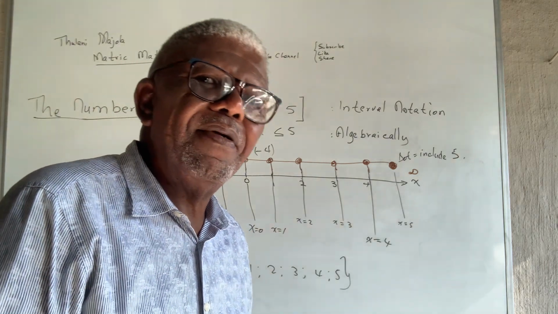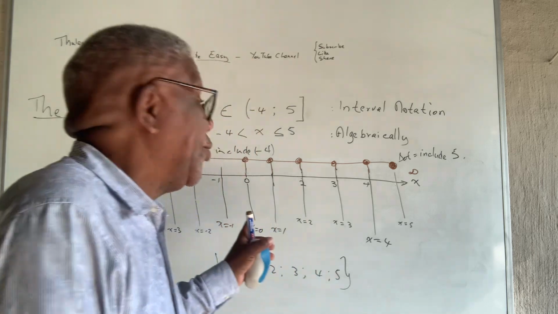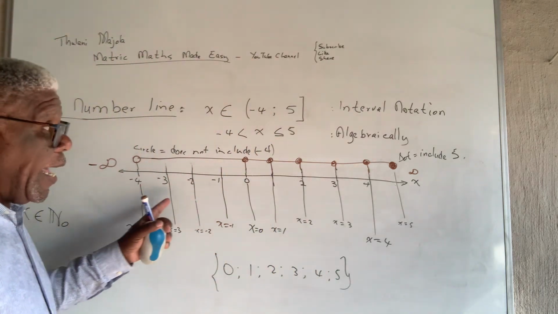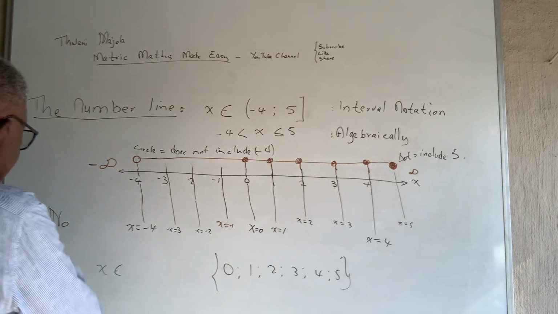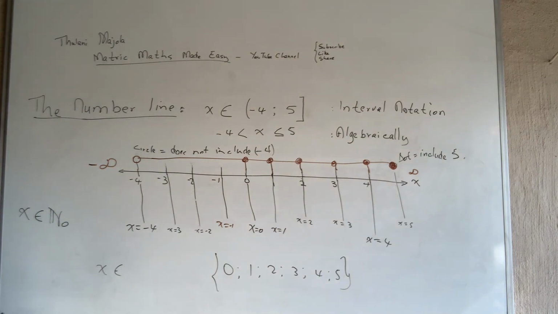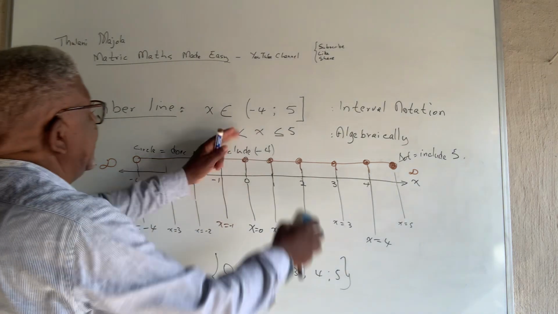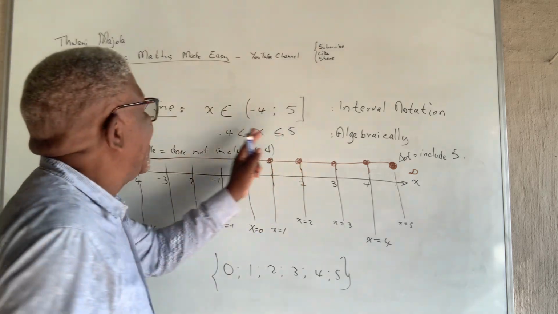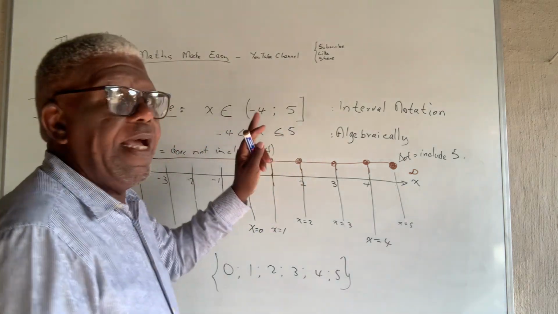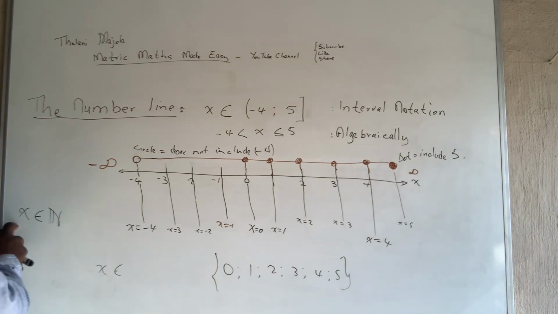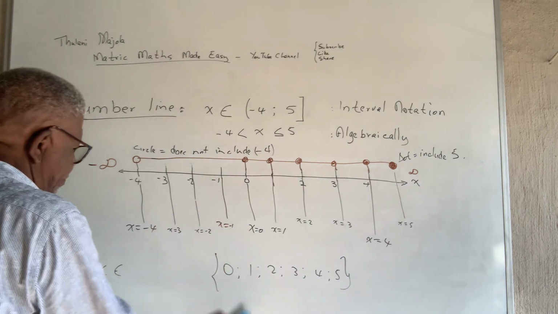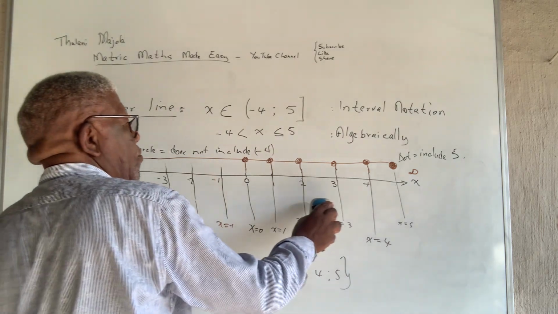Maths is so simple, so easy. But please make sure you understand the number line, how to interpret it. Now, last but not least, let me say the real numbers which we want are only the natural numbers. So we want x as an element of the natural numbers. We know the natural numbers start from 1, 2, 3, 4, 5.